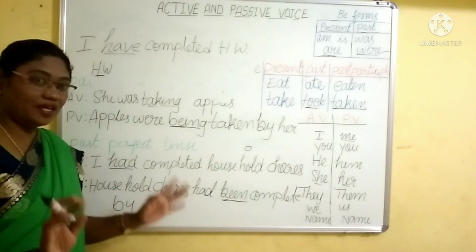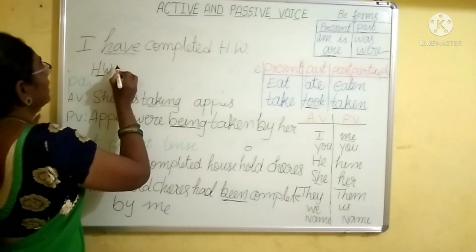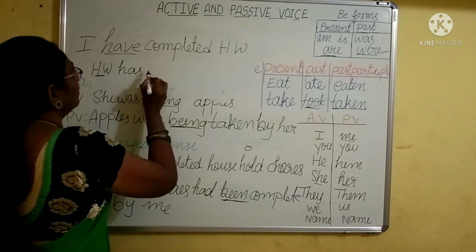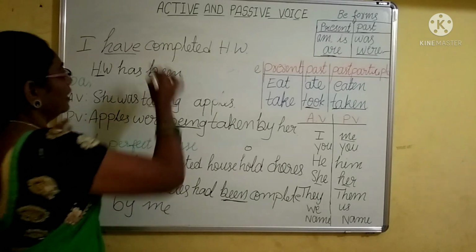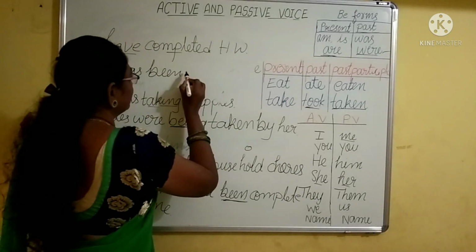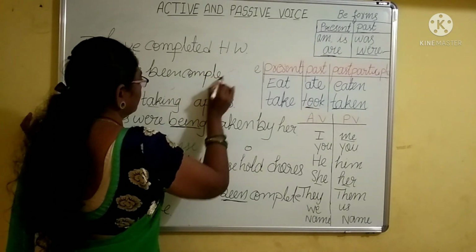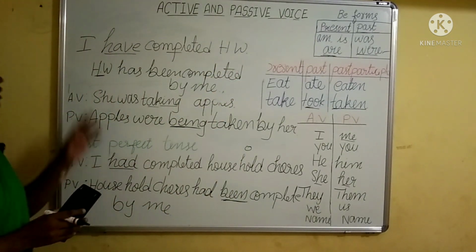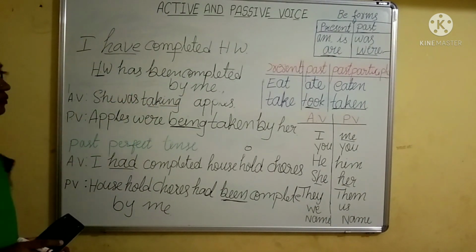Homework is a thing, considered singular. Homework has been completed, as it is written. Homework has been completed by me.